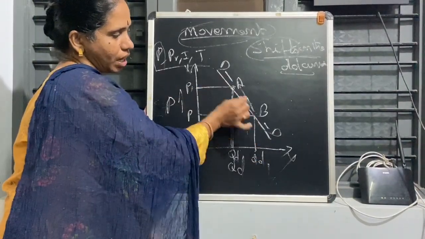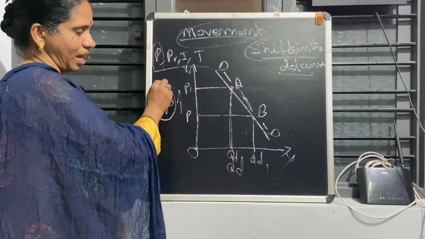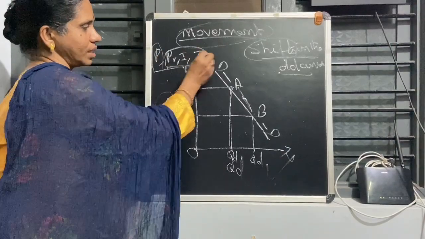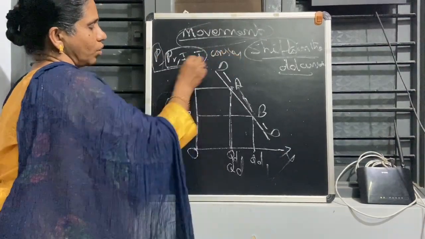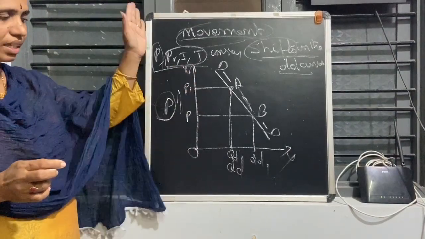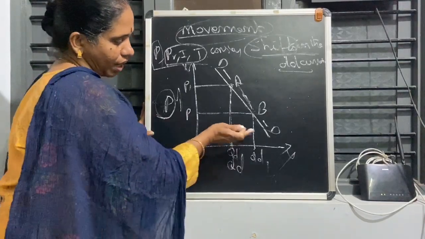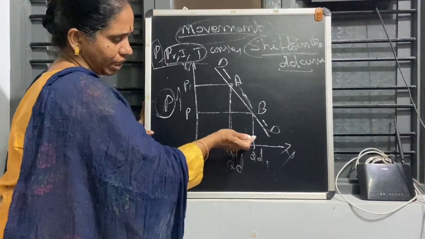This is what we call a movement because we are taking into consideration only the price. We are keeping the other things constant. If there is any change in the price, there is a change in the quantity demanded also. If it is going away from the origin, this is expansion.